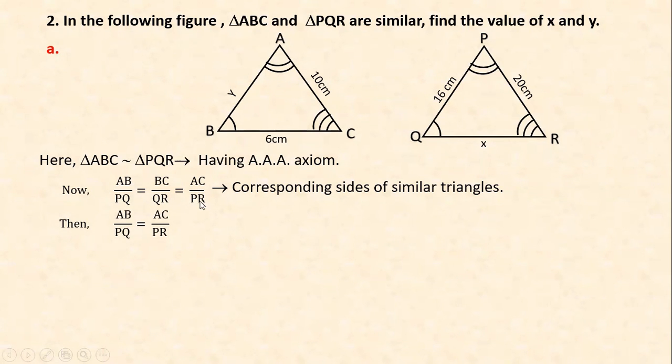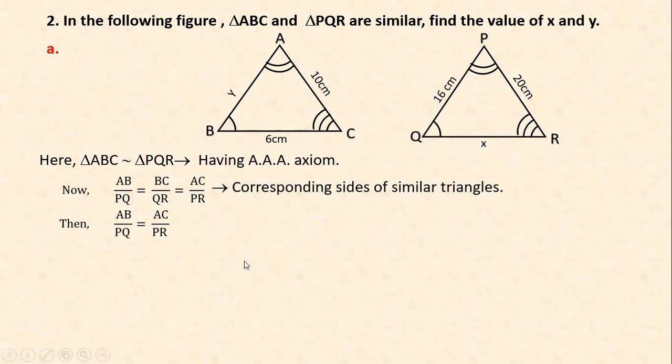Now among these three pairs of corresponding sides, first of all we have to take only one set at a time, meaning AB by PQ and AC by PR. If we write BC by QR, then X and Y will come together.